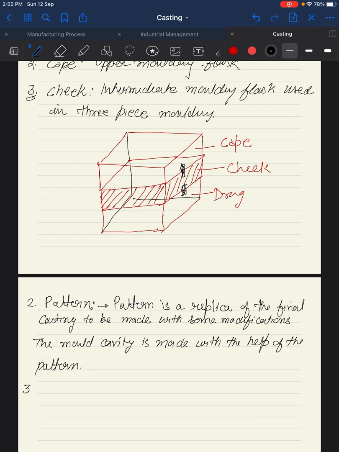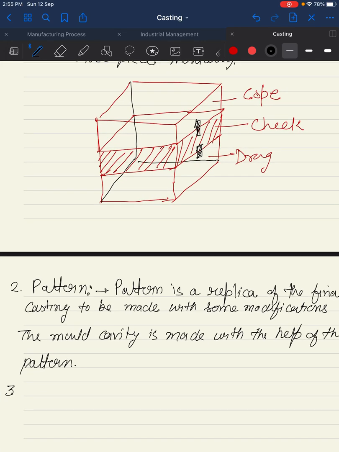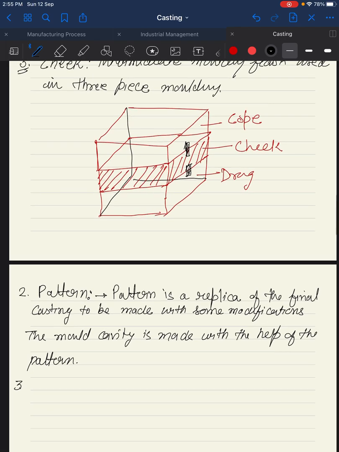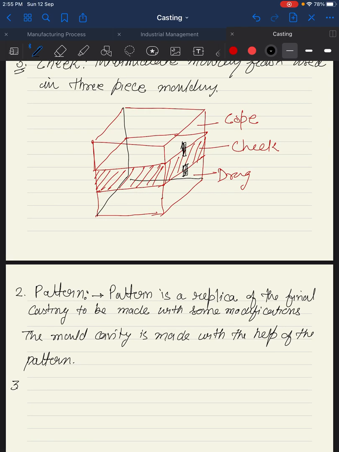Next thing is parting line. Parting line.